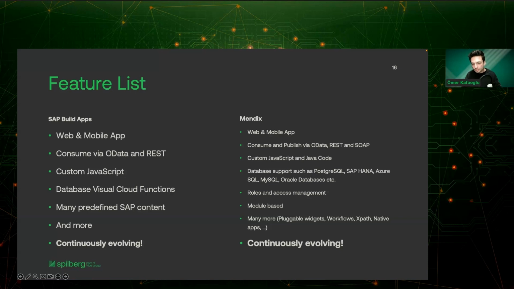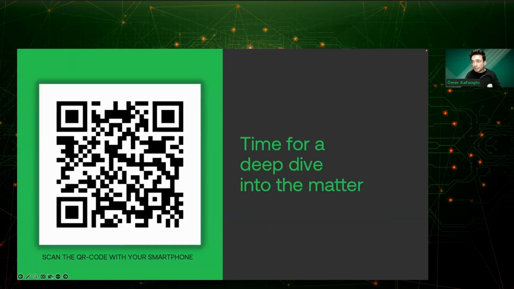So quickly again, the QR code. I would like to understand from you, if you could scan it, whether you're using just the SAP Business Technology Platform as your cloud provider, or whether you also have other cloud platforms like AWS, Azure, or Google Cloud Platform.